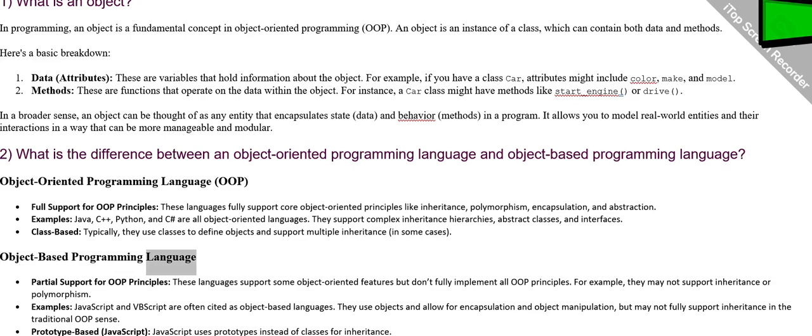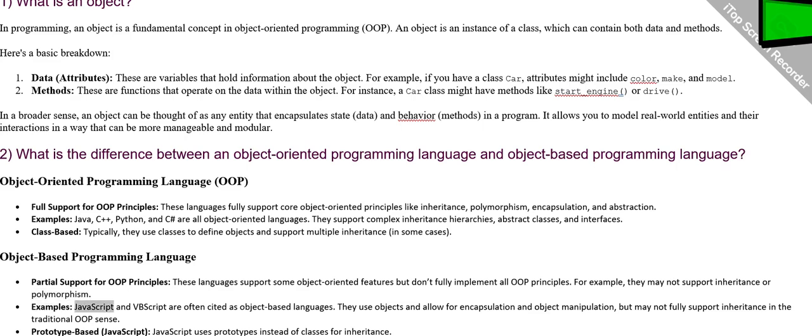Object-based programming language. Partial support for OOP principles. These languages support some object-oriented features but don't fully implement all OOP principles. For example, they may not support inheritance or polymorphism.